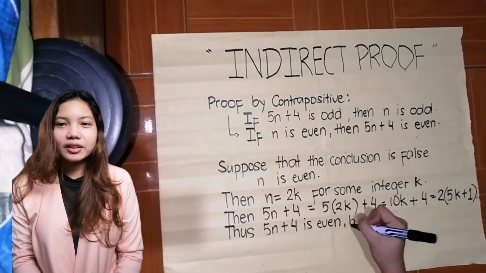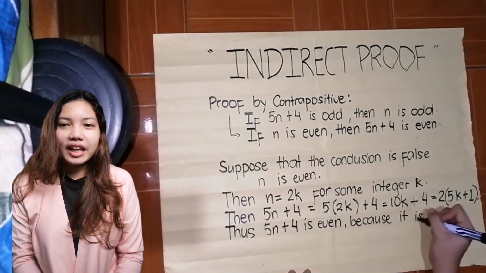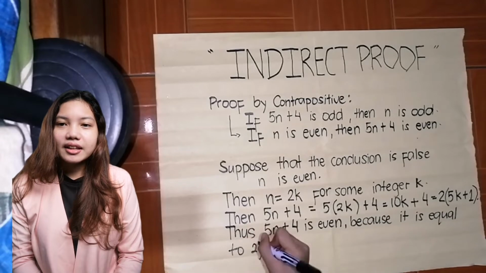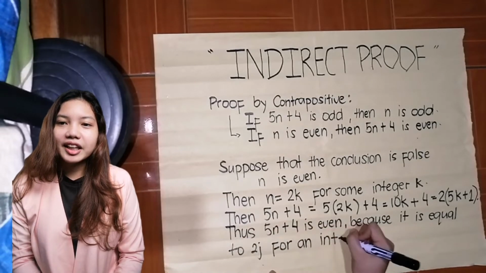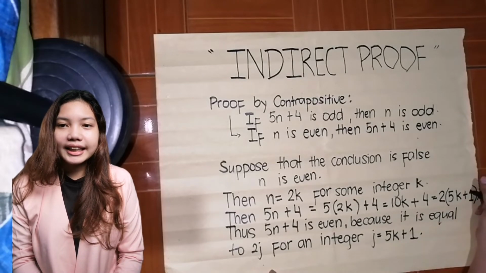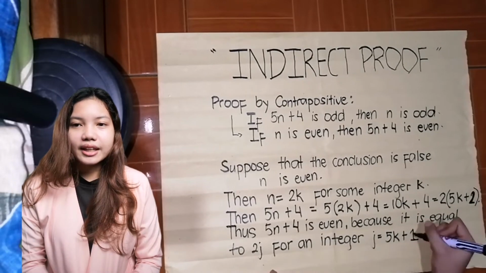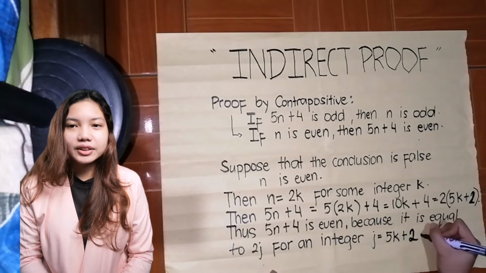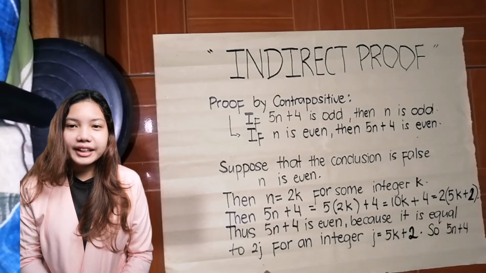To factor it out, it will become 2(5k plus 2). Thus, 5n plus 4 is even because it is equal to 2j for an integer j, where j equals 5k plus 2, so 5n plus 4 is not odd.